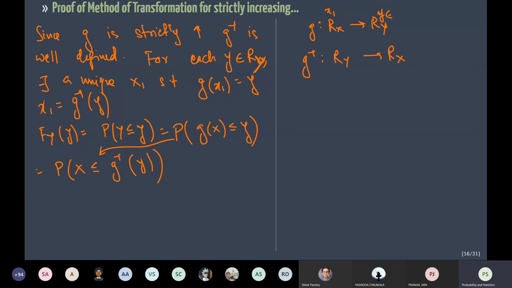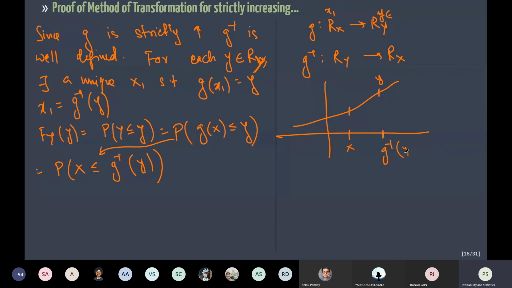If g of x is less than or equal to y, what does this mean graphically? Y is greater than or equal to g of x. It's like a strictly increasing function, right? Let us say this is x, and this is g inverse y.